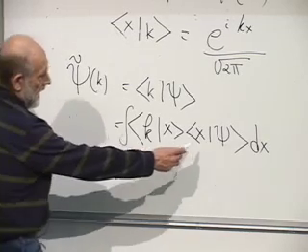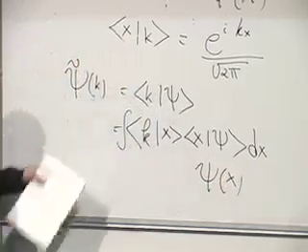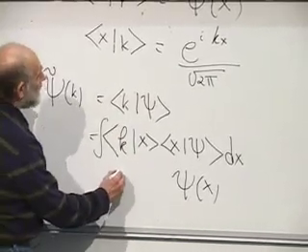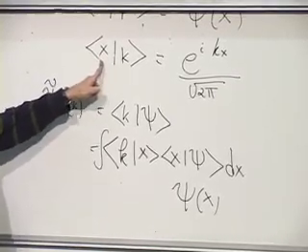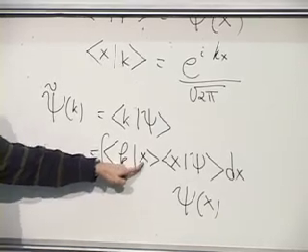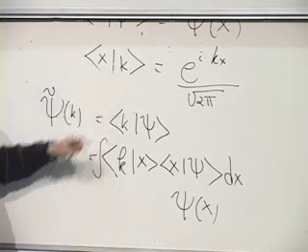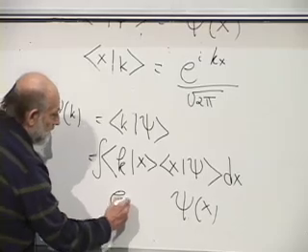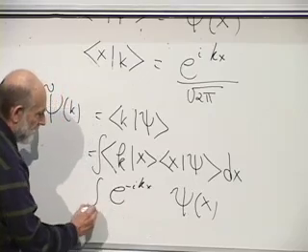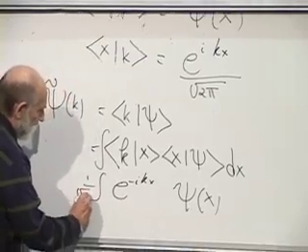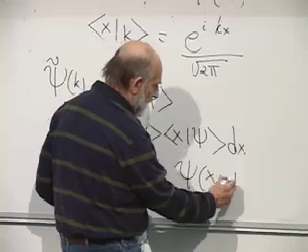Well, what is this object over here? This is psi of x. What is this object? This is e to the i kx. Let's see, it's actually a complex conjugate of this. Notice over here I have k on the right and x on the left. Here I have k on the left, x on the right. What's the relation between this and this? Complex conjugate. So I actually have to put e to the minus i kx, all divided by the square root of 2 pi. One over square root of 2 pi, integral e to the minus i kx psi of x dx.